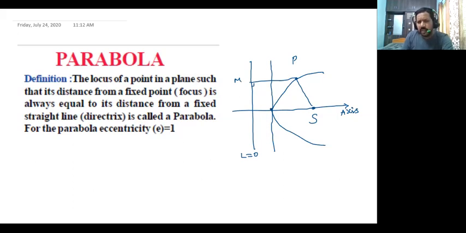So here, the point of intersection of the axis and this conic, the parabola, is the vertex A. Here we treat the axis as the x-axis and perpendicular to this is the y-axis. Okay, this is the parabola definition.